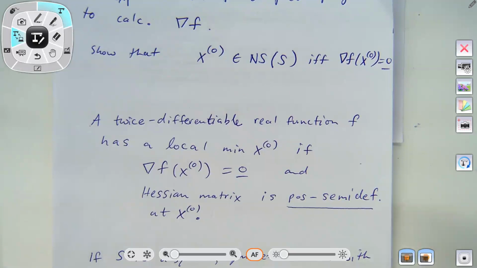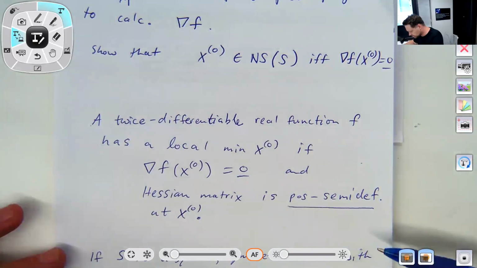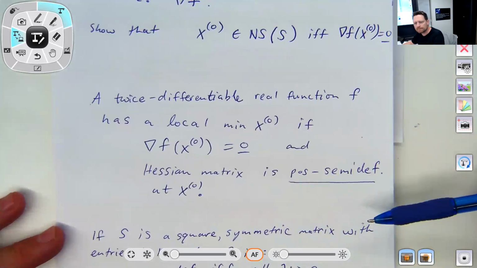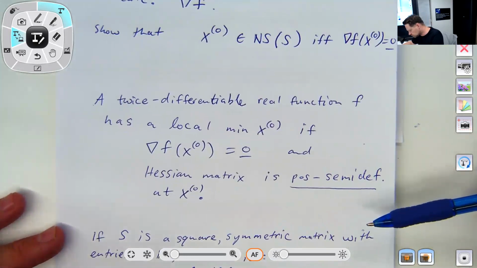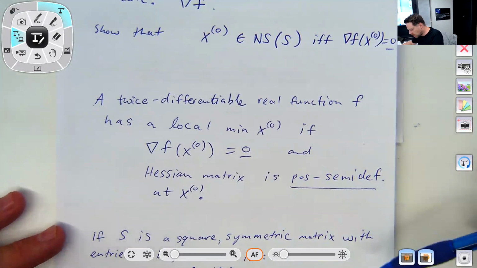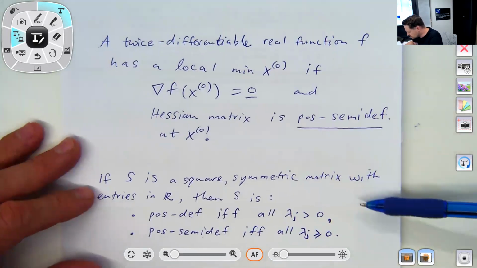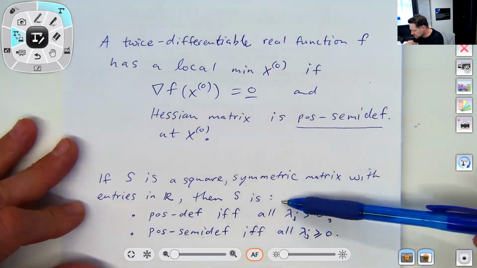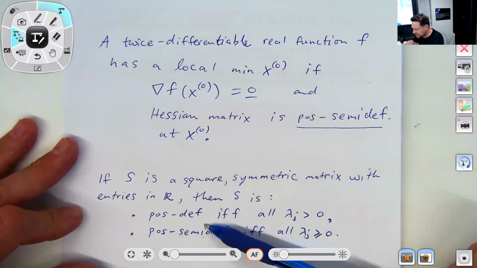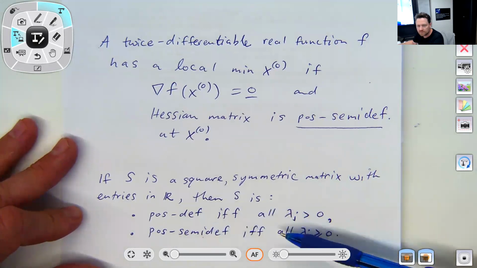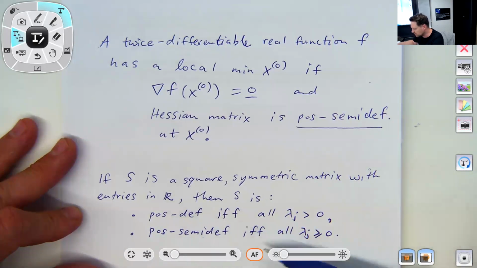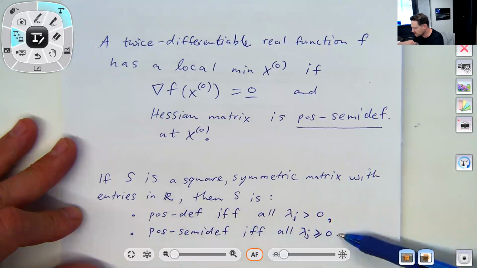Okay, great. So where were we? We just talked about this point. Any questions about that? All right. Next, if S is a square symmetric matrix with real entries, then S is positive definite if and only if all the eigenvalues are positive, and it's positive semi-definite if and only if all of the eigenvalues are greater than or equal to 0.